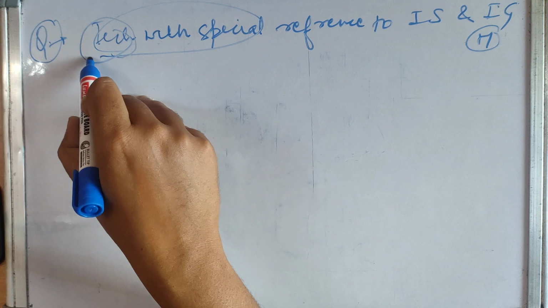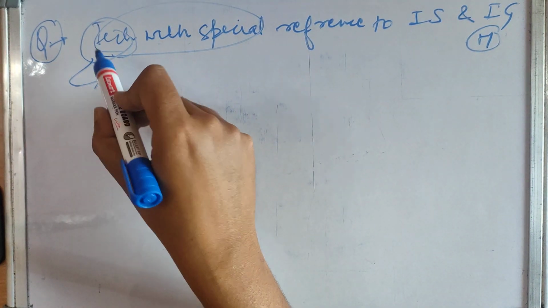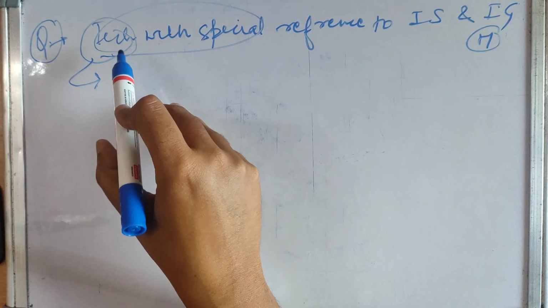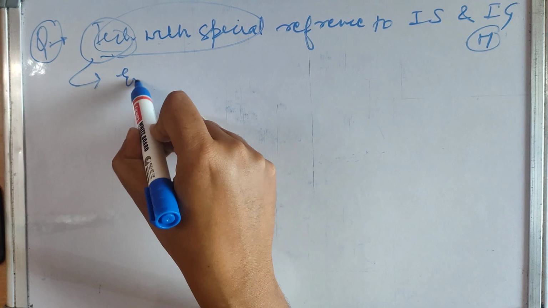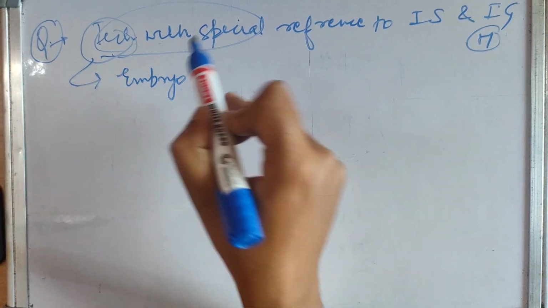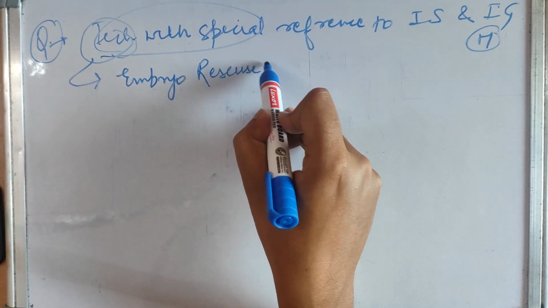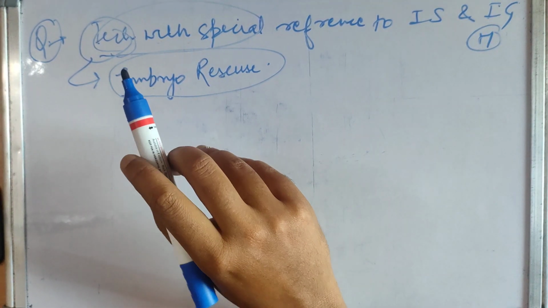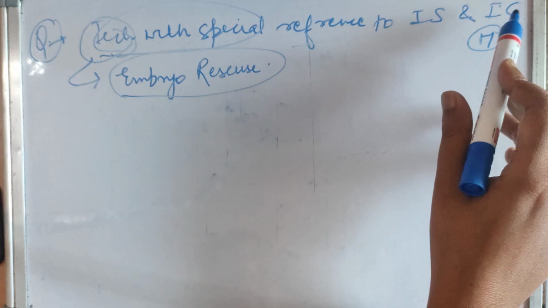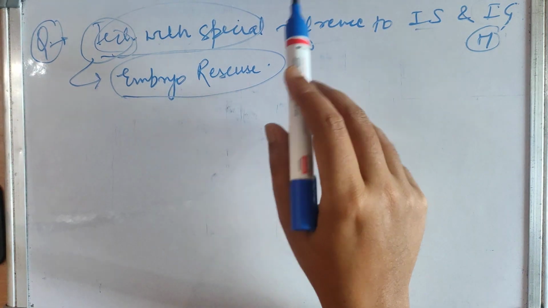So which technique are we talking about? Just as I have taught, that is embryo rescue. So embryo rescue has been successfully used with reference to interspecific and intergeneric hybridization.